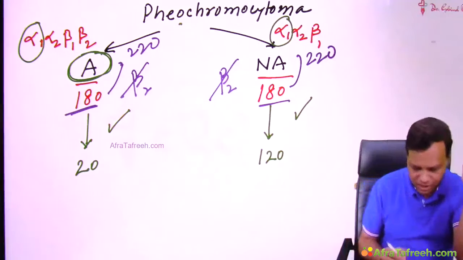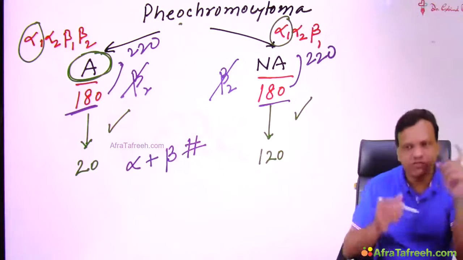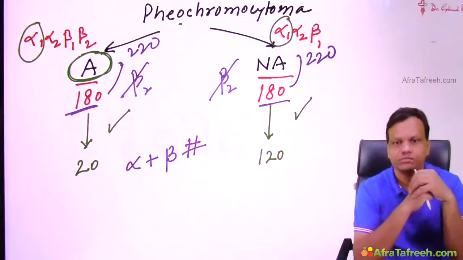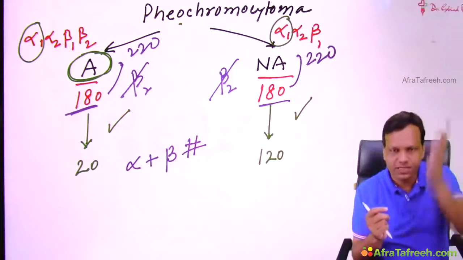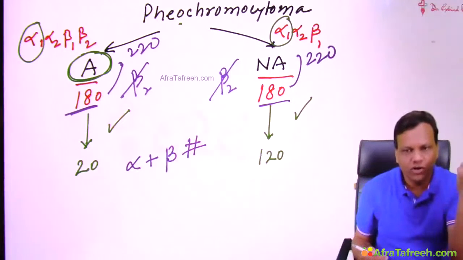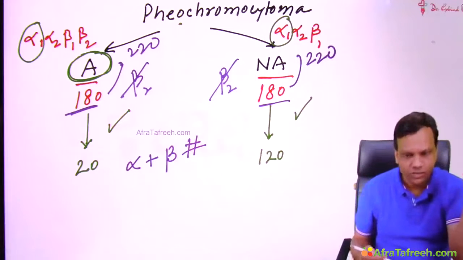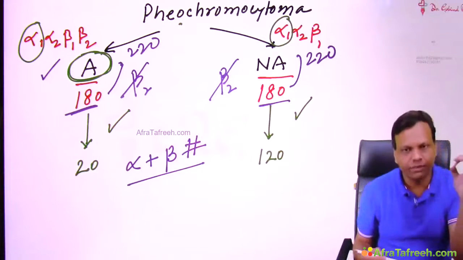How we can manage is, we will give an alpha plus beta blocker. Remember, vasomotor reversal of Dale was occurring because there was unopposed beta 2 action. When we block alpha-1, only beta 2 is stimulated, that causes vasodilation, BP decreases. So if we block that beta also, vasomotor reversal will not occur. Or we can say we have reversed the reversal, re-reversal will occur. So an alpha plus beta blocker should be given in an adrenaline-producing tumor.